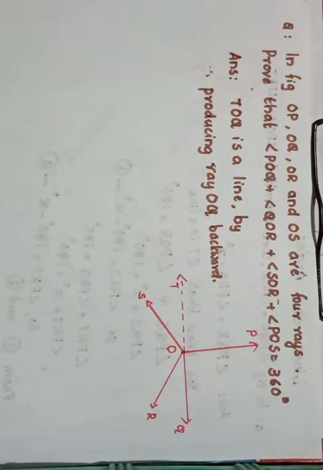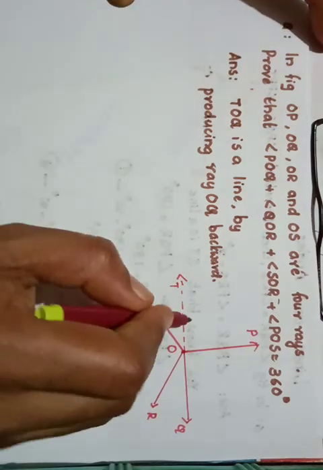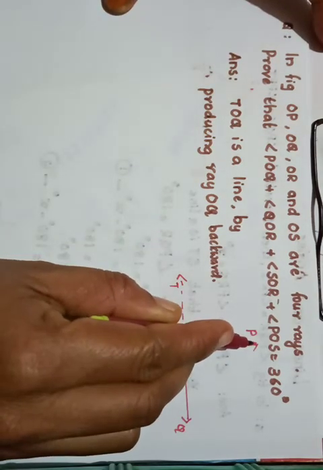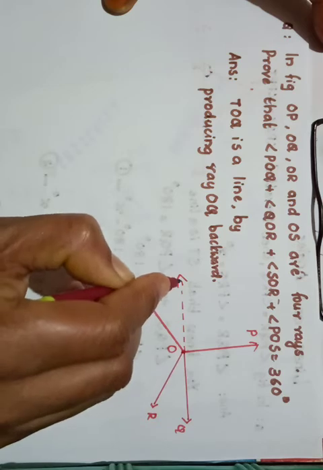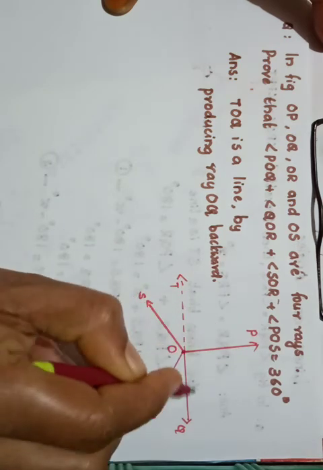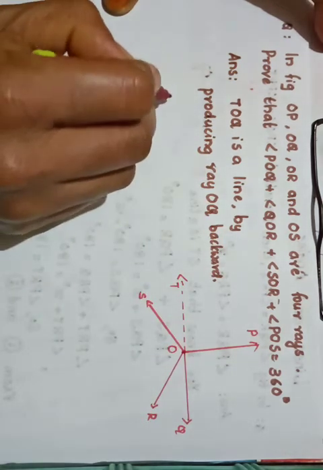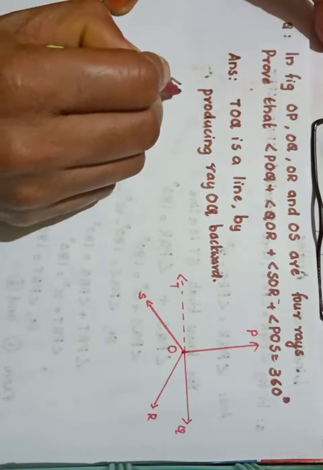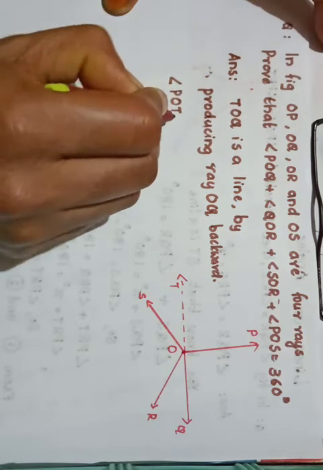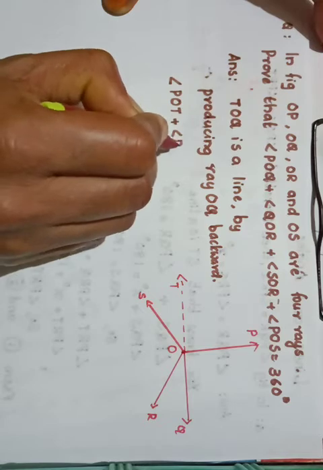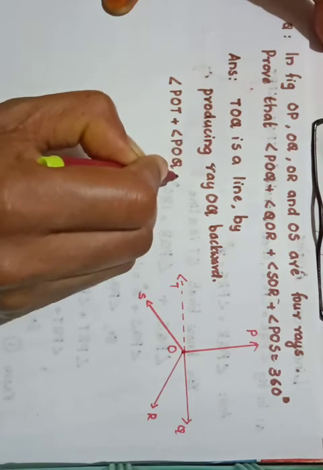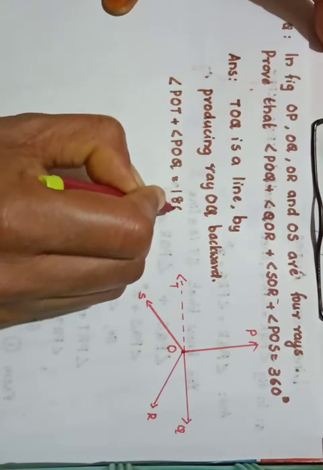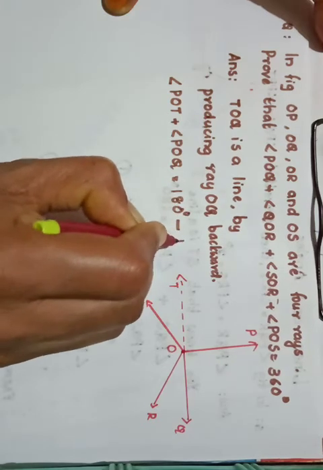Okay, now see these two angles, POT and POQ, are they a linear pair? Yes. So angle POT plus angle POQ is equal to 180 degree, equation number 1.